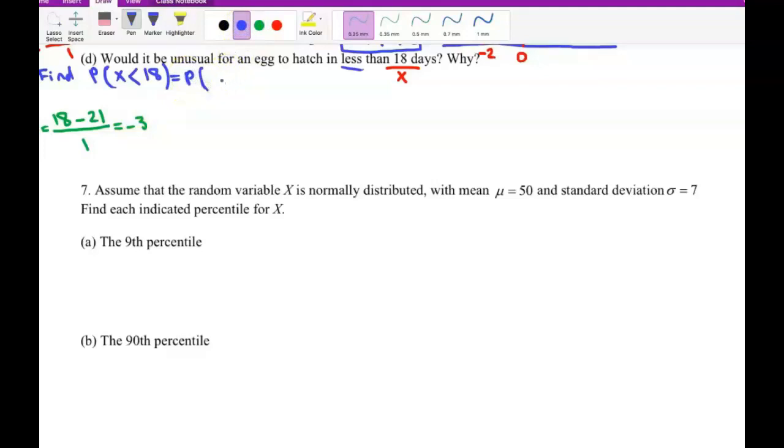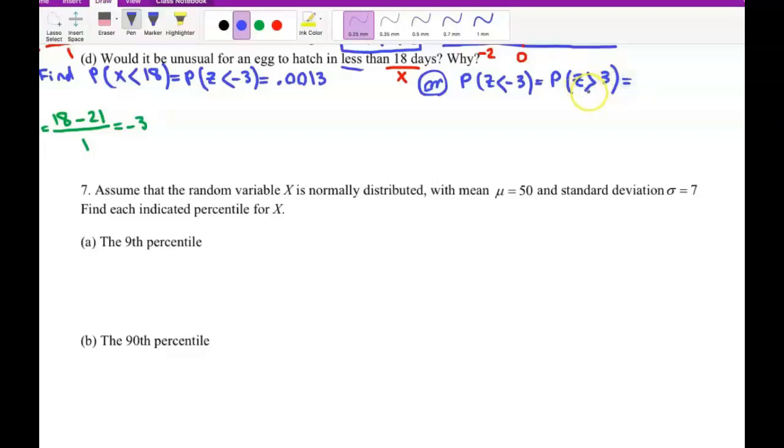So finding the area, or proportion or probability, when z is less than -3. So using table, when z is equal to -3 is 0.0013. Or in case you didn't have access to the negative numbers, once again, z less than -3 is equal to probability of z, now instead of less than, use greater than, and instead of negative number, we have +3.